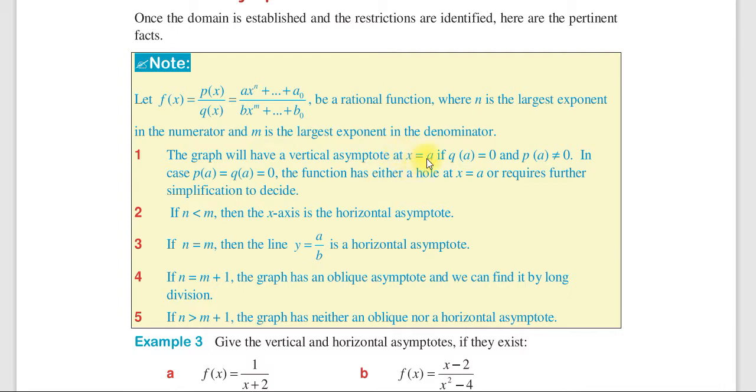At x which is equal to a if q of a ማለት እንግዲህ denominator of a ማለት ነው። ዲኖሚኔተሩ ላይ የa ቫልዩ ስናስገባ 0 የሚመጣ ከሆነ ነገር ግን ኑሜሬተሩ ላይ a ብናስገባ differ from 0 የሚያመጣልን ከሆነ ምን እንላለን ማለት ነው?